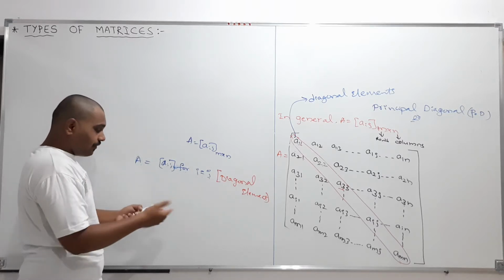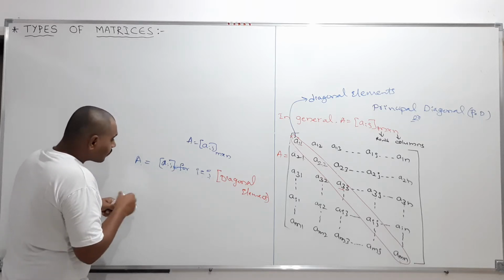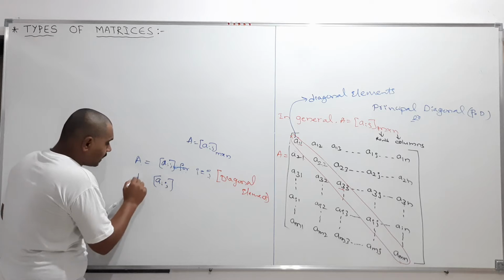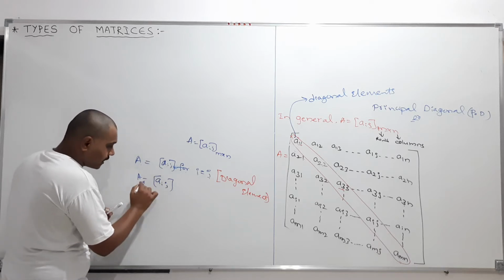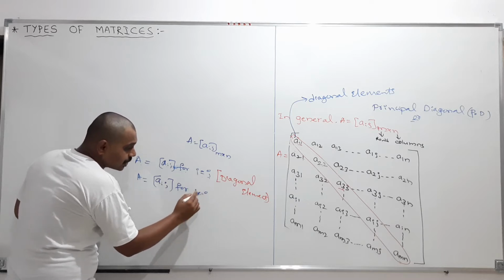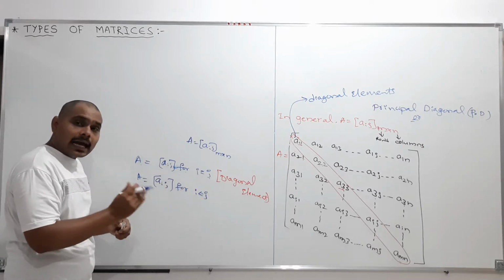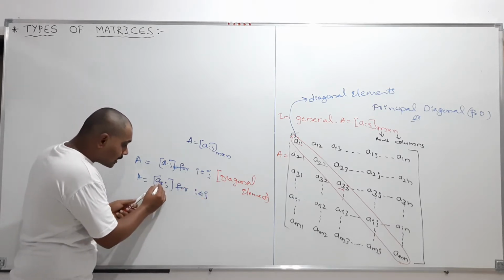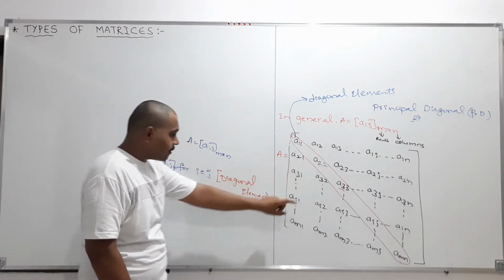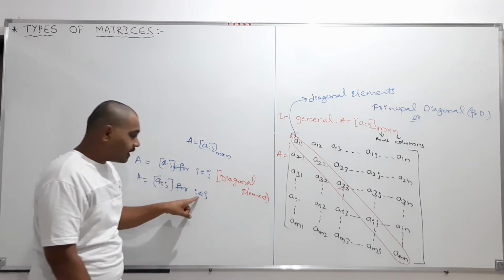And next, if I write A = Aij for i less than j, you should assume that the i value is less than j. Is it here or here? The i value is less than j.